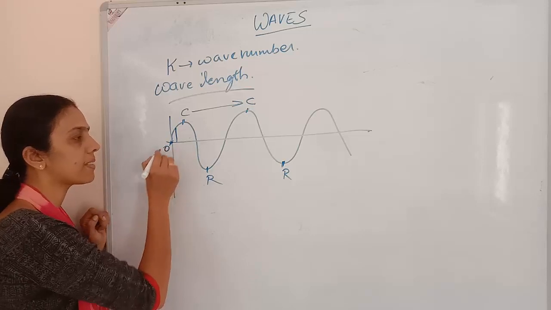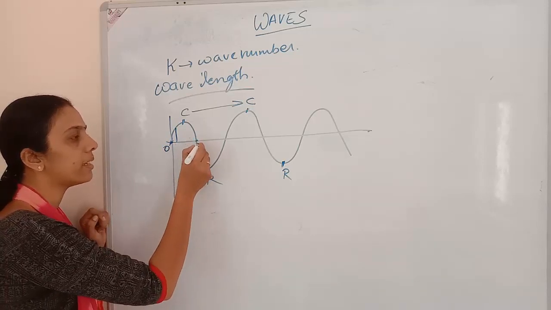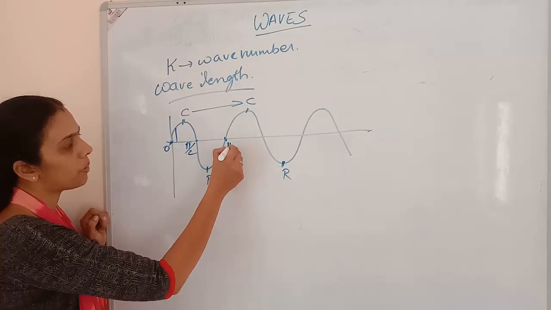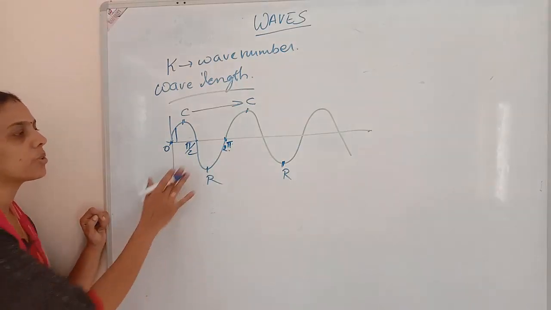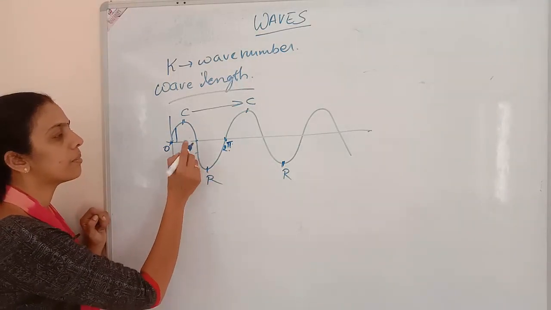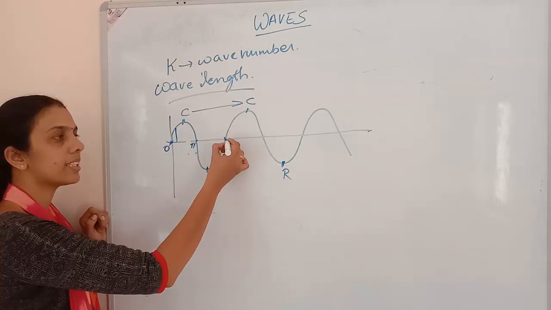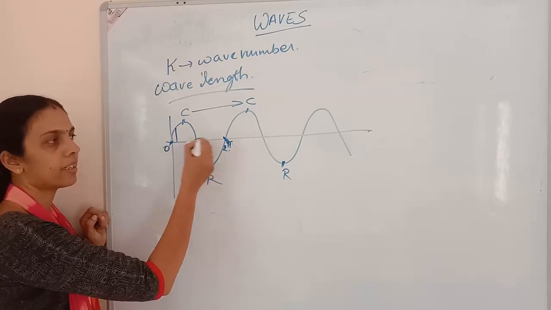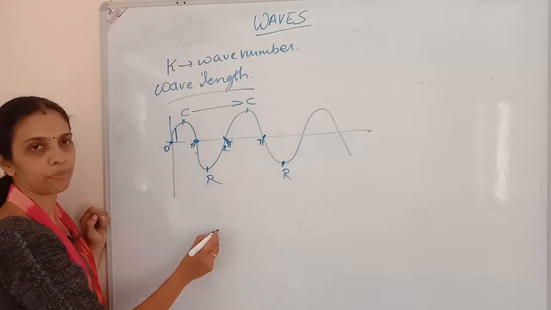See here, if I am considering 0, then pi by 2, pi, 2 pi. Okay, so this is one wave. In that, if I am considering pi, then for the next wave I should consider pi.